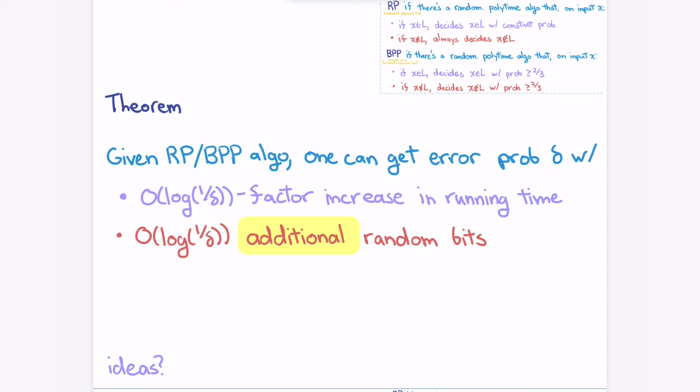That's just like before. But only using log 1 over delta additional bits. So m plus log 1 over delta, not m times log 1 over delta. So you can actually use fewer bits.